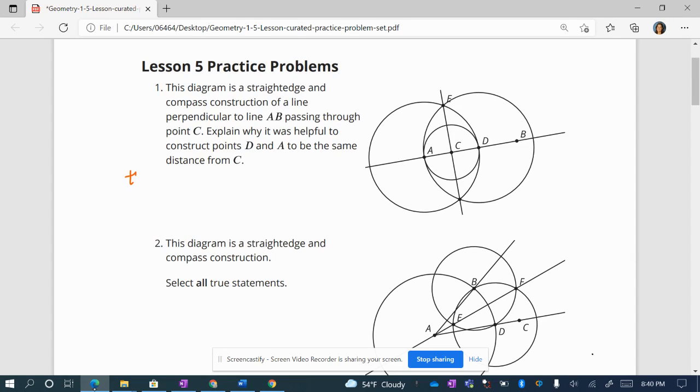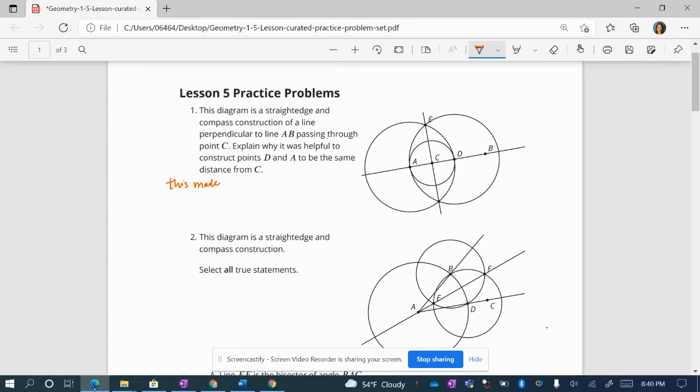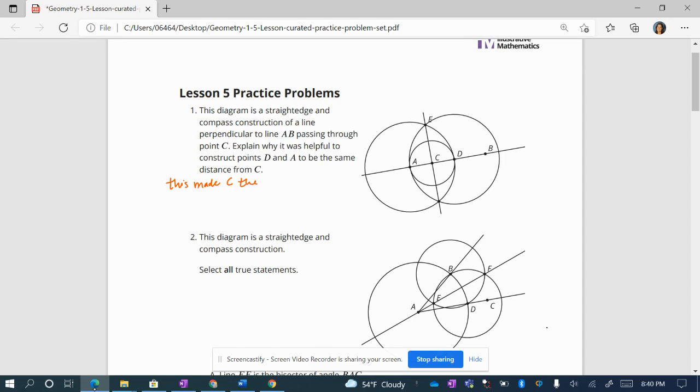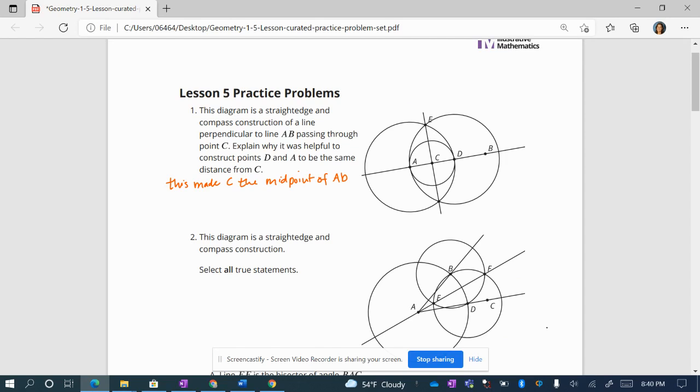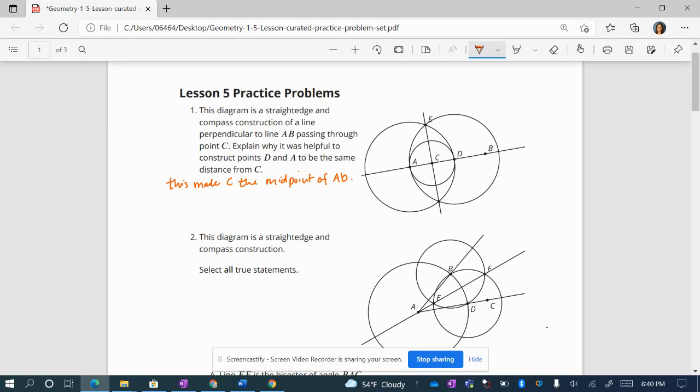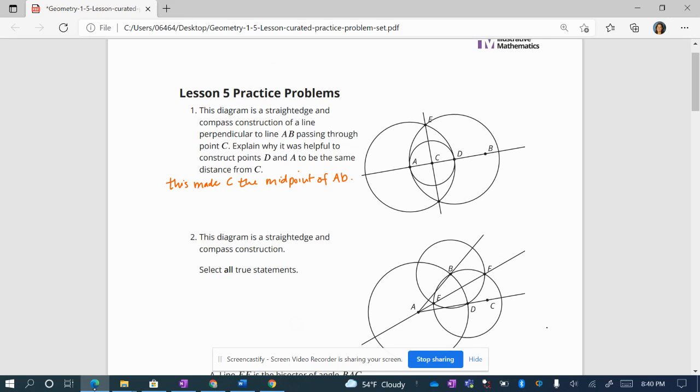So this made C the midpoint of AD. And then they used what we knew about perpendicular bisectors.